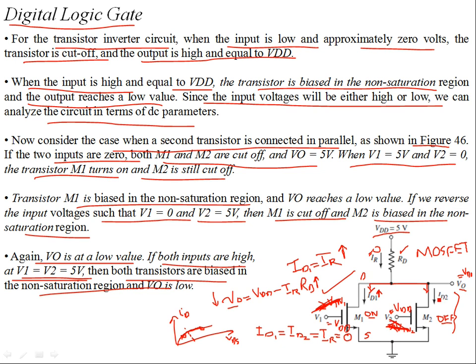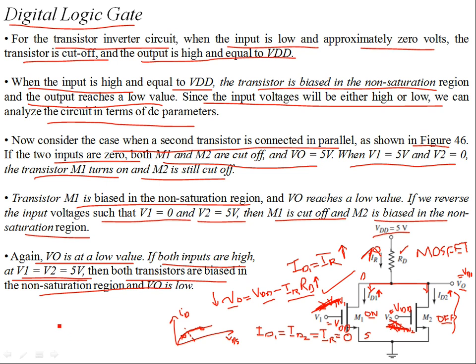Physically, the inversion layer width increases, which increases the space charge density. So drain to source current has to increase. Both ID1 and ID2 increase, which in turn increases the current IR1. If this increases, the drop IR RD further increases. With VDD fixed, V naught is going to drop more. So even when both transistors are on, the output is low.